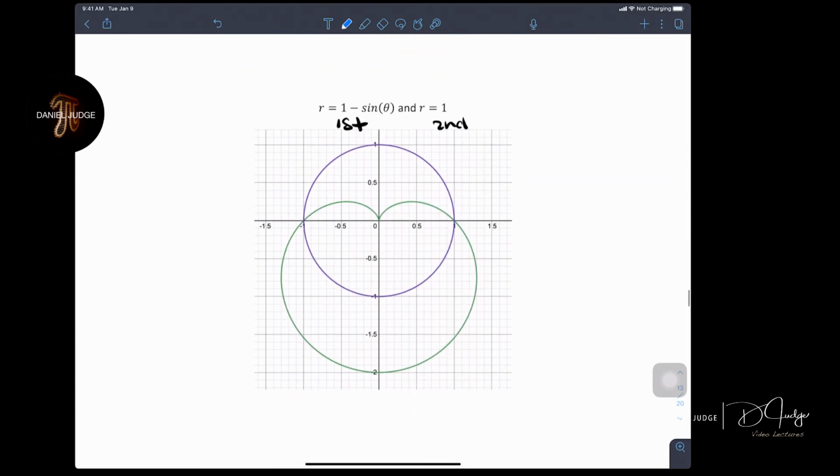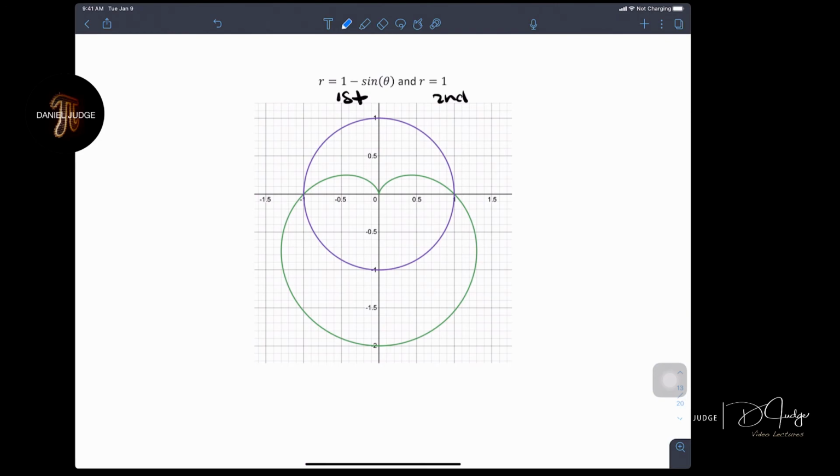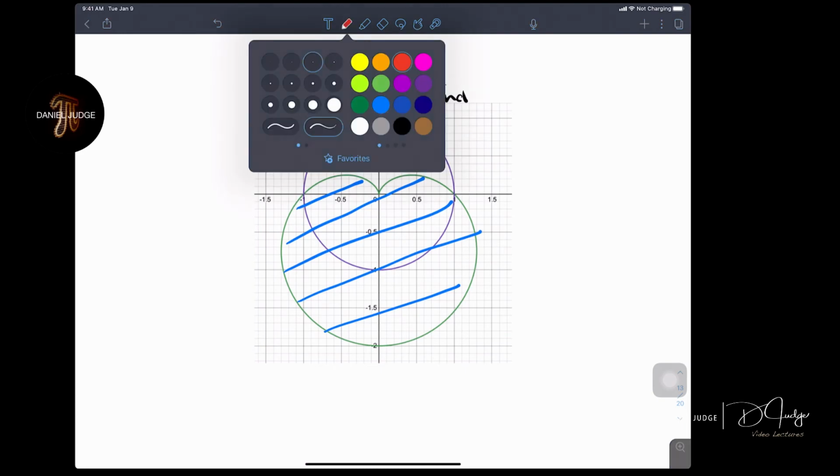So if we go to the next kind of curve here, we say we have area inside the first curve. The first curve is a cardioid. So the area inside the cardioid. And then area outside r is 1, and r is 1 is a circle.